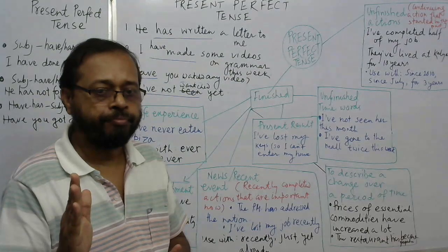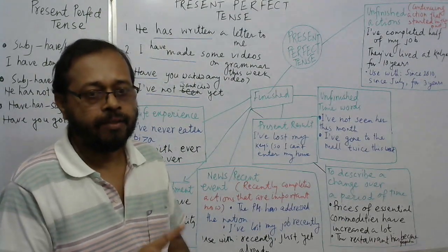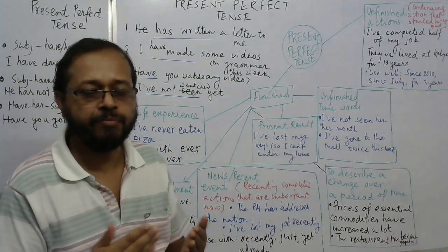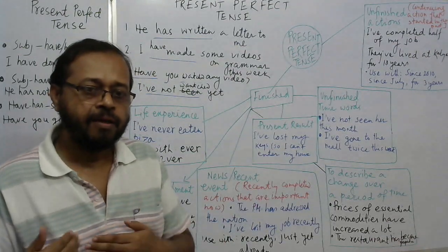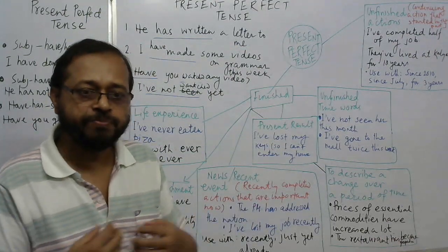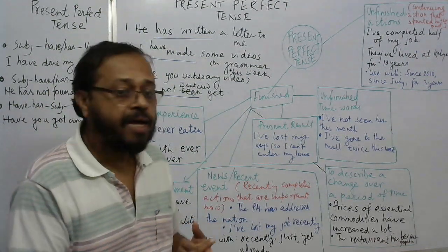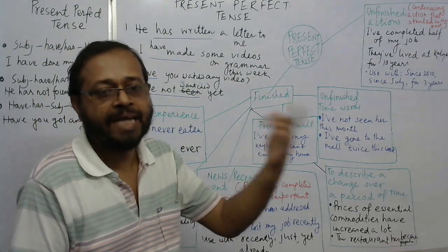So I have not seen the movie yet. That is, I have still time. I have not seen the movie yet. So the time continues to or relates to present time. But I did not see the movie last night.